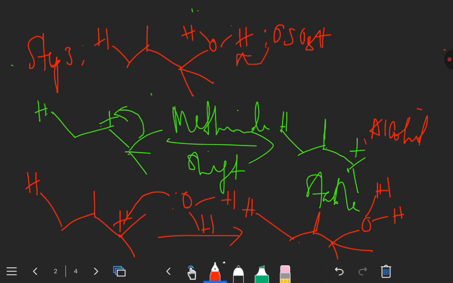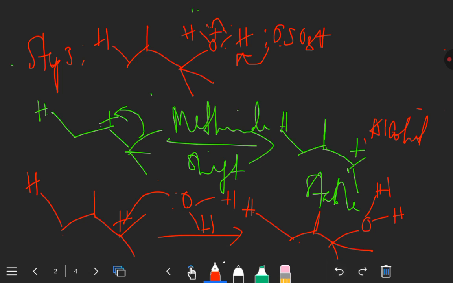When it grabs, mind you, this oxygen is positively charged because oxygen is bonded to 3 different things. So it is bonded to this carbon and 2 hydrogen, so this is positively charged. So we are going to grab the hydrogen there, then the bond will break. So when this bond breaks, it will take the electrons back to oxygen, hence neutralizing this positive charge on oxygen. So this is basically what happens.